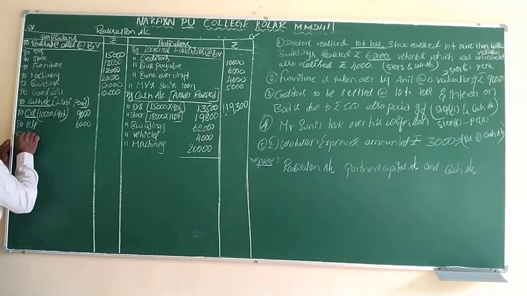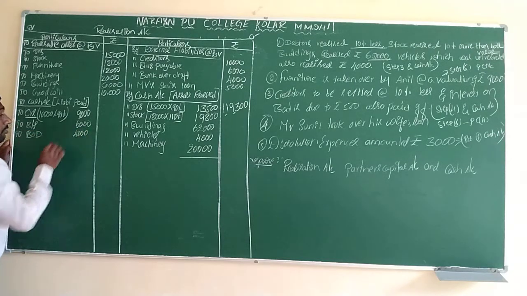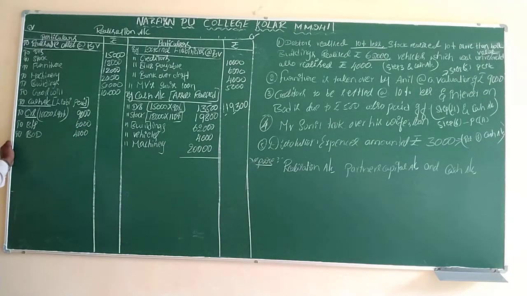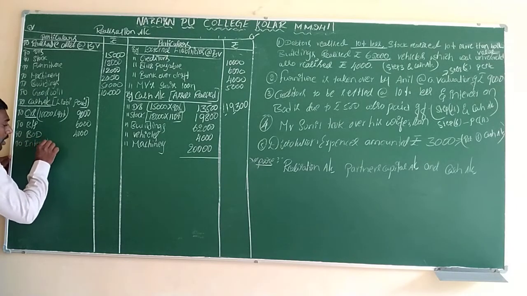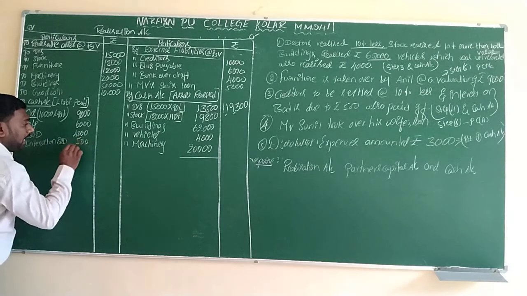And the third liability is bank overdraft, value is 4,000. For this there is an adjustment. Interest on bank overdraft is due, rupees 500, that also paid off. So to interest on bank overdraft is 500.